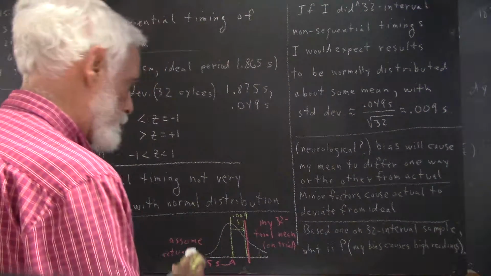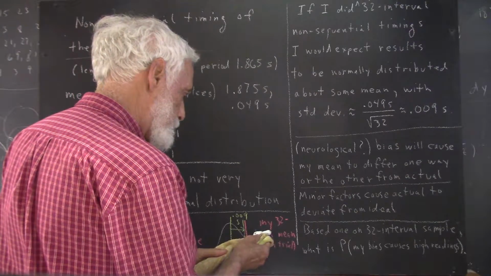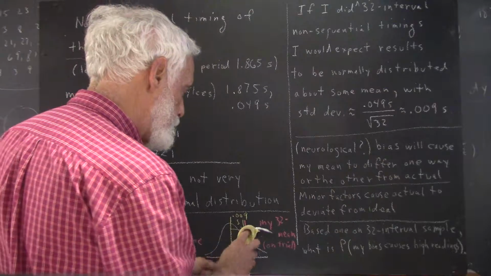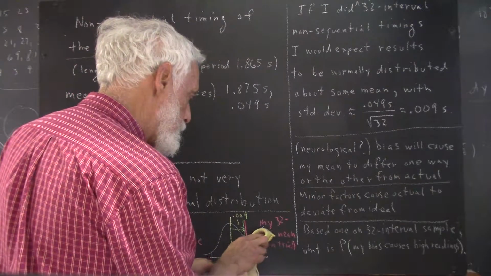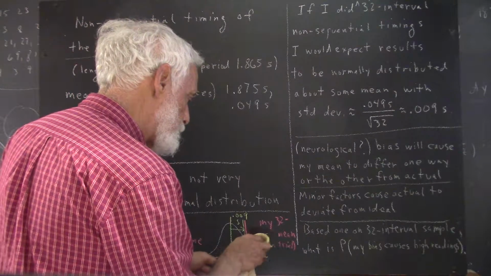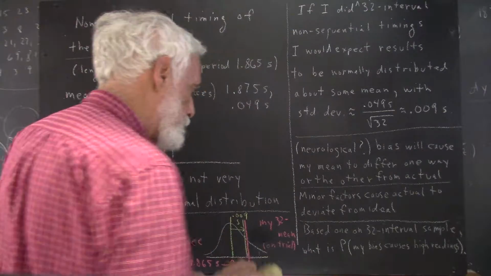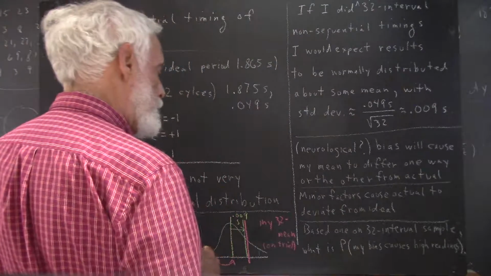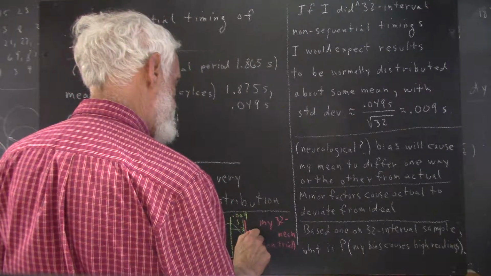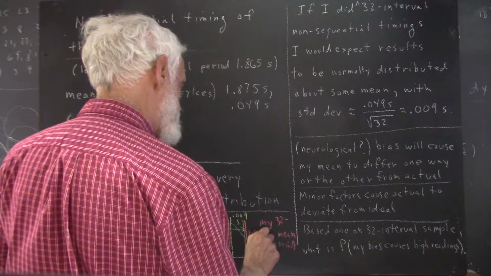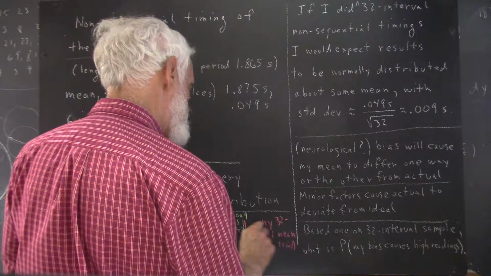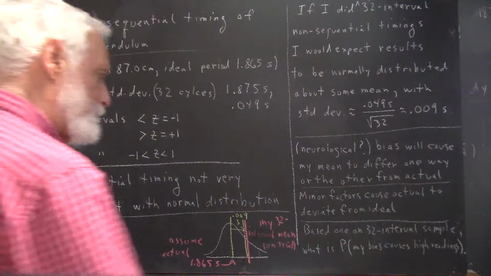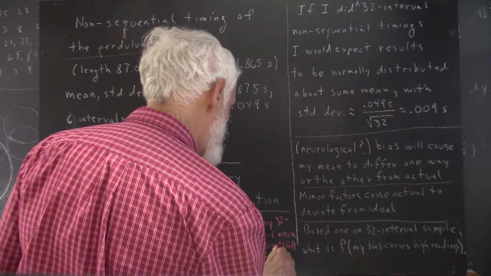I've got way too much of this stuff. I'm unlikely to be able to correct this very neatly, but let's try anyway. Okay, so I'm going to call this not a 32 trial mean, but a 32 interval trial. That word interval might be a little hard to read, but that's one trial.